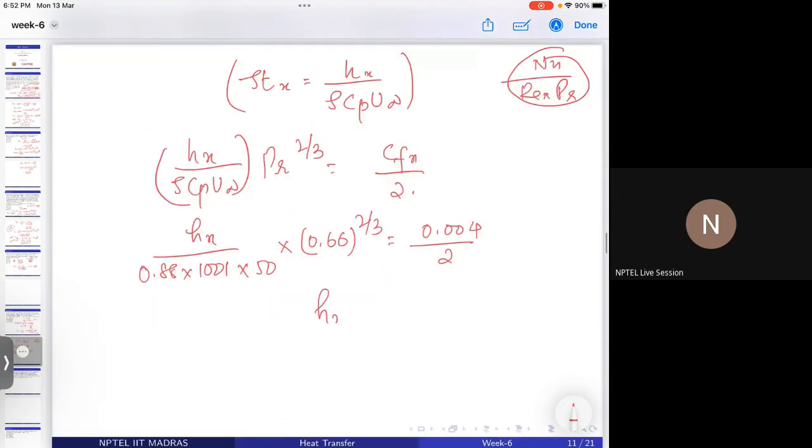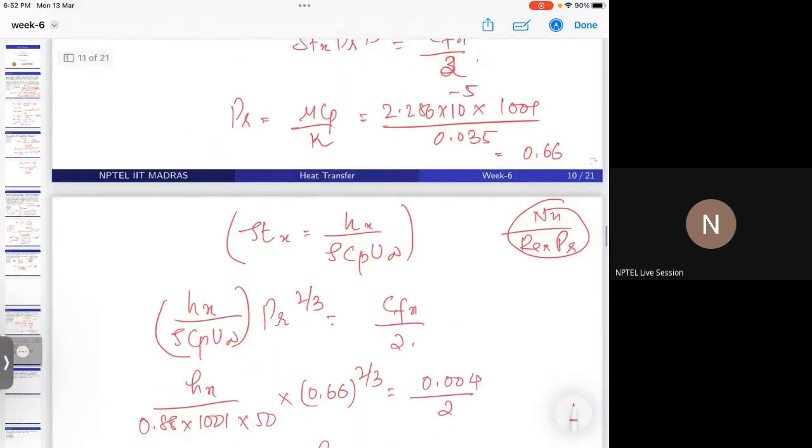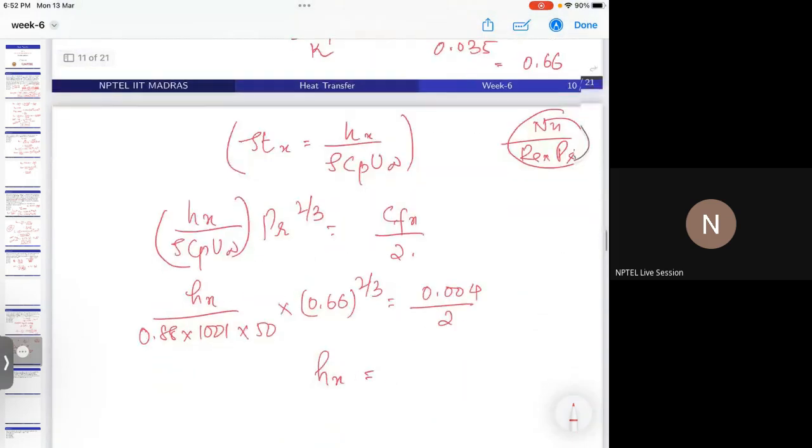Can you please calculate what is Hx? 116.